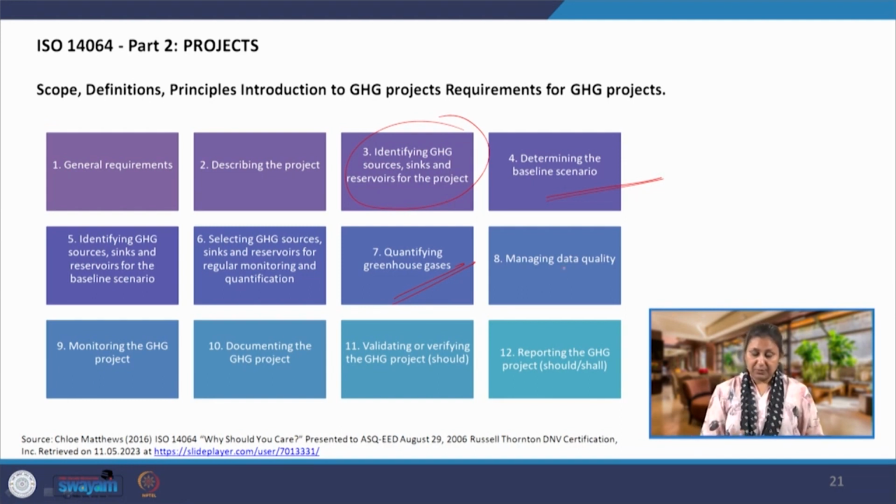The next step, which we have to have in the project, is managing the data quality. So, how are we monitoring it? Monitoring and verifying, this measurement and verification protocol, there is a proper protocol we have to follow. How do we measure?